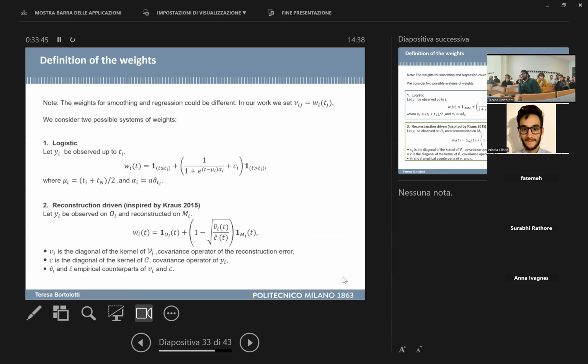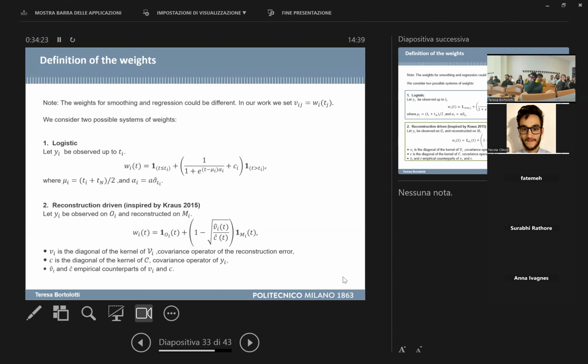This definition depends on two parameters, the scale parameter and the location parameter. The location, we decided to fix it at the mean point of the missing domain for the ith partially observed observation, while for the scale, we decided to make it depend on the variability of the curve at the last observed point. And then the parameter a_i, we consider it as a hyperparameter that we can tune via cross-validation.